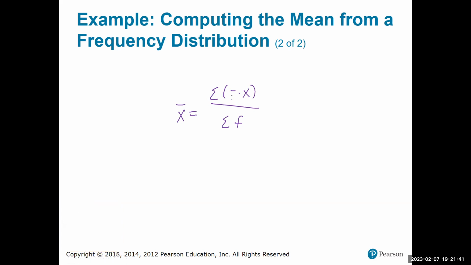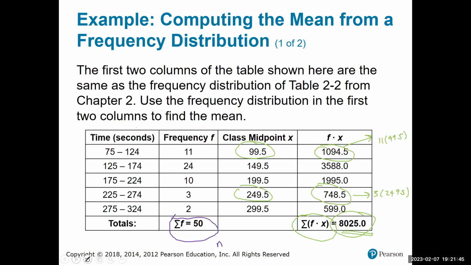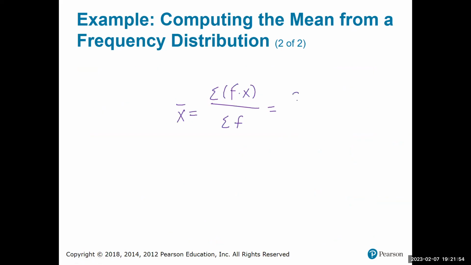All right, and the sum of F times X is 8,025. And the sum of the frequencies is just 50, that's our sample size.